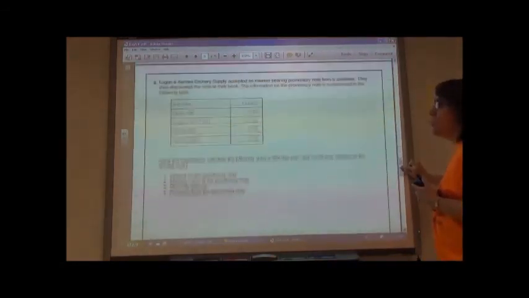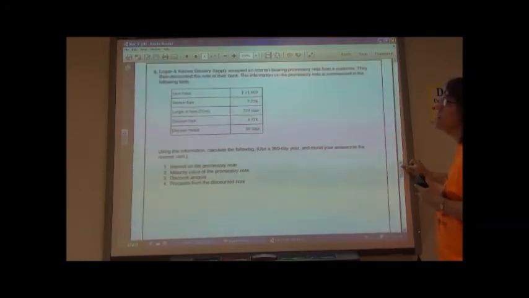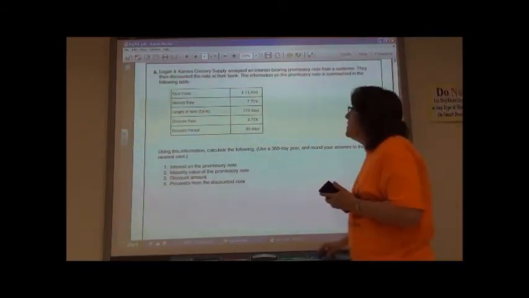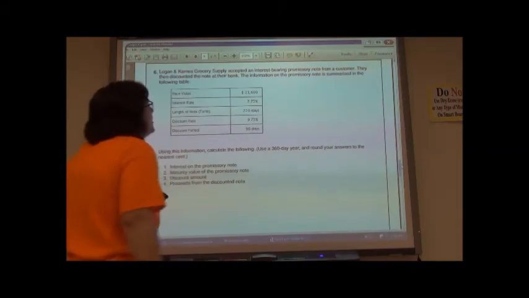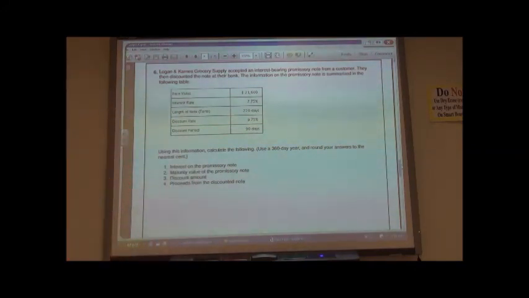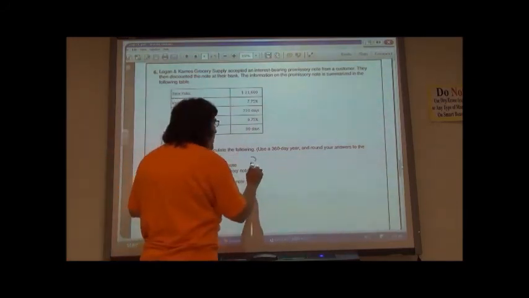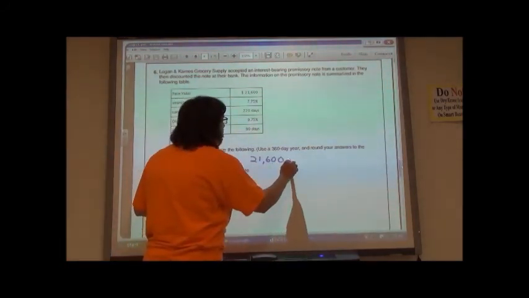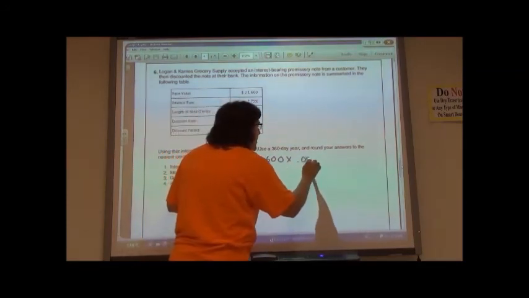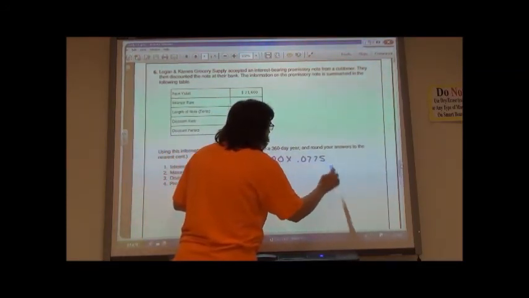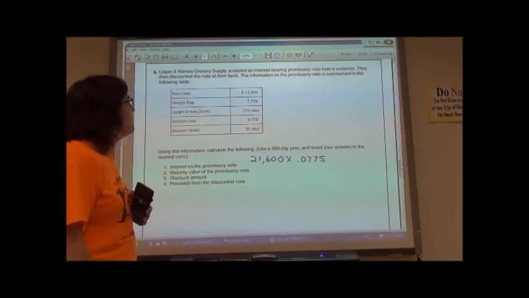And one last one on here, since these were kind of long. Logan and Carnes Grocery Supply accepted an interest-bearing promissory note from its customer. They then discounted the note at their bank. The information on the promissory note is summarized below. We're again going to find the interest on the promissory note. So the face value of the note, $21,600. Interest rate, 7.75%, so 0.0775.